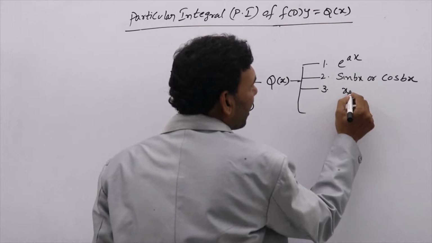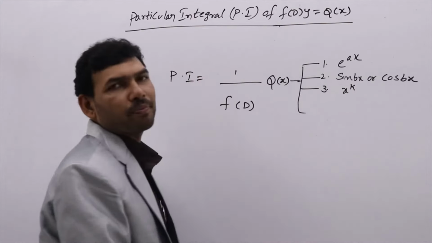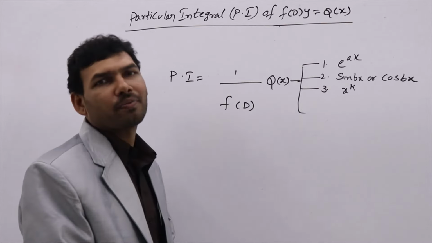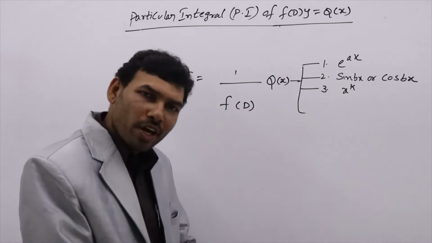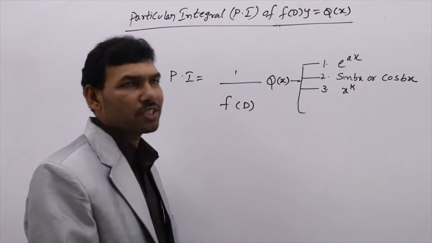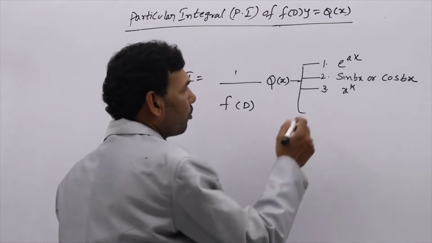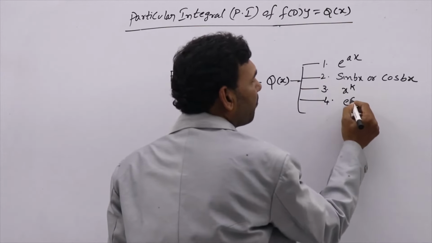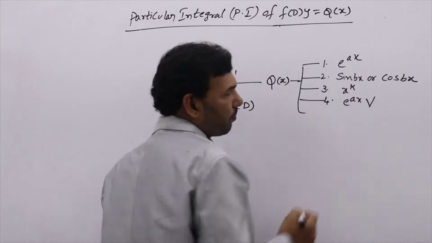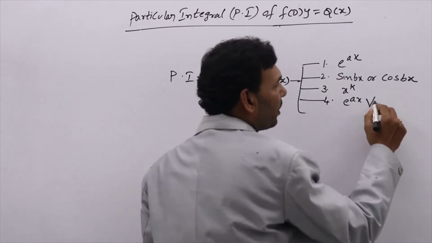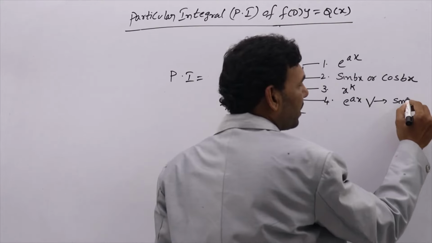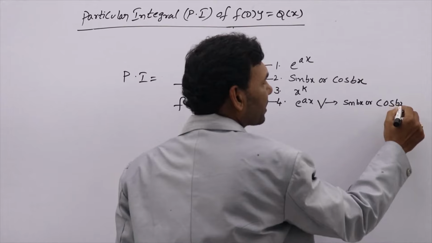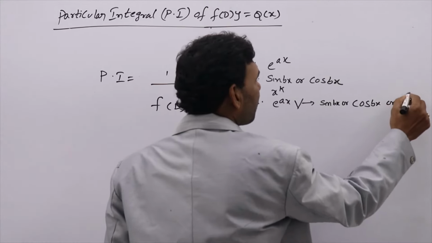Rule 3. If you have x power k in the RHS, that means in the RHS you may have x square, x cube, x square plus 1, that type of expressions. The 4th one, e power ax into V. Here V may be sin bx or cos bx or x power k.